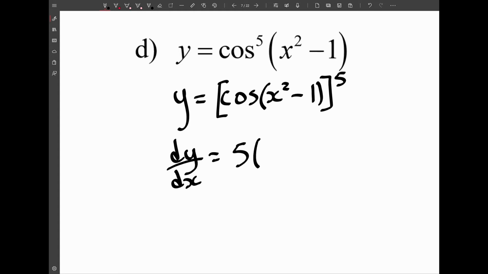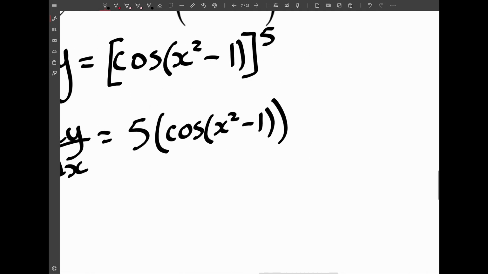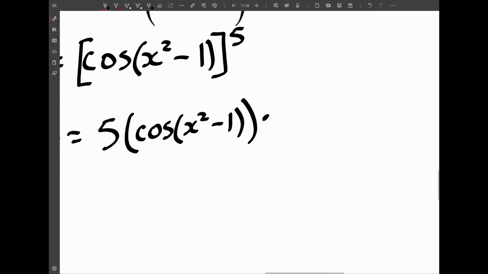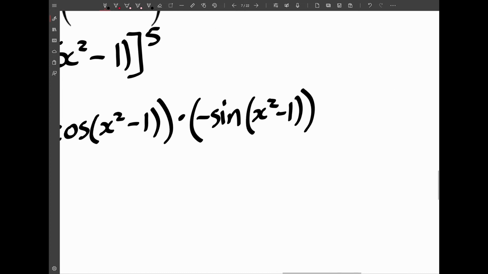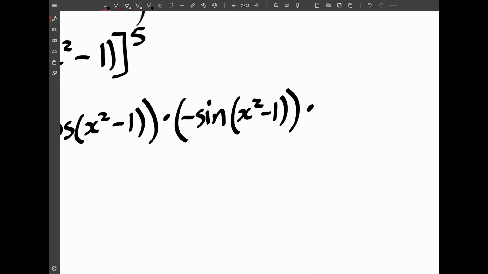That's going to be 5 times cosine of x squared minus 1. And then I have to multiply by the derivative of cosine, which is negative sine of x squared minus 1. And then I have to take the derivative of that interior function, which is going to be 2x.